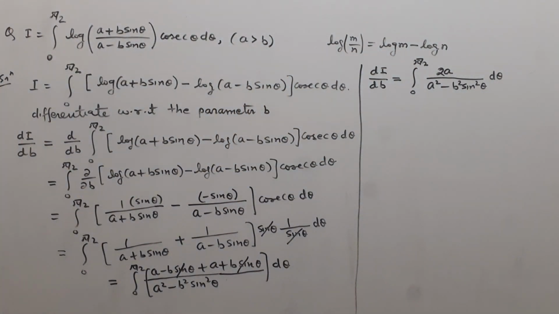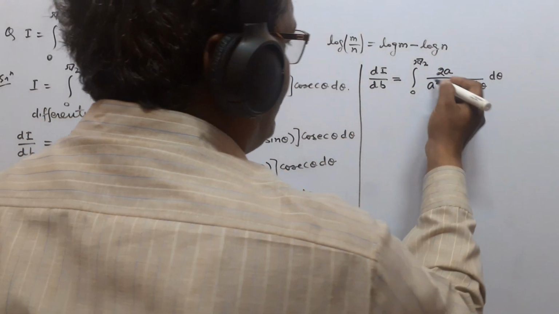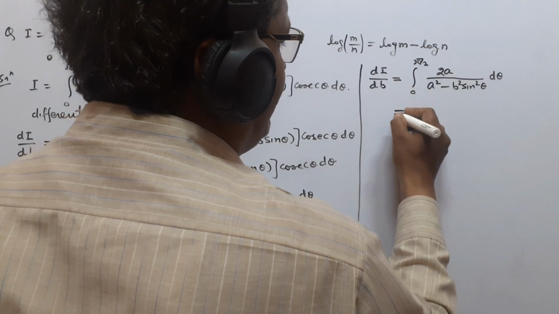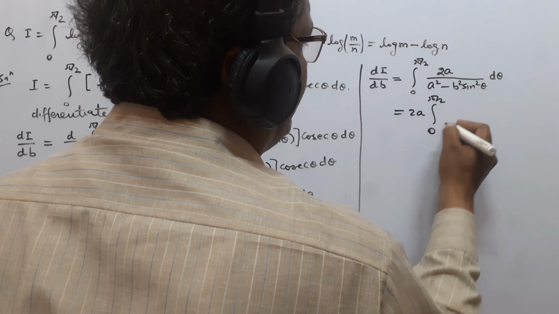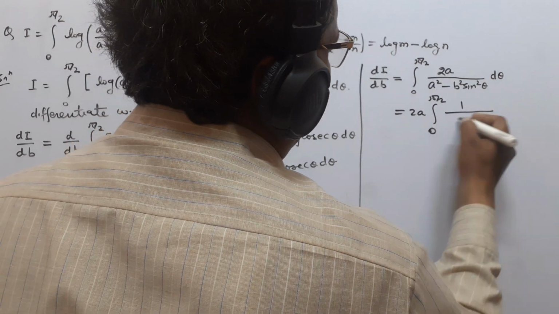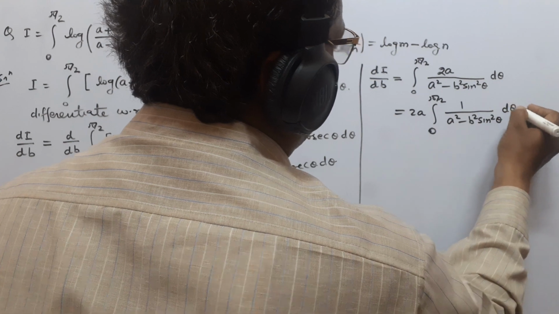Here we can see that this 2a is constant with respect to theta, so it will be outside the integral sign, 2a and 0 to pi by 2 here, and this is 1 upon a square minus b square sin square theta.